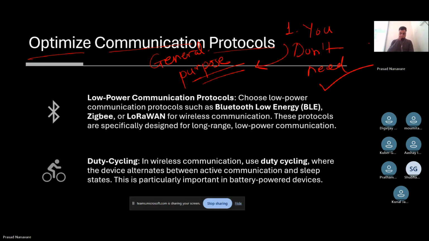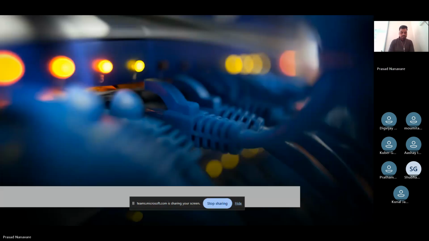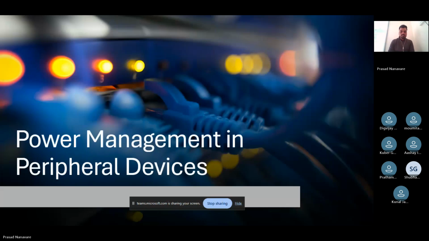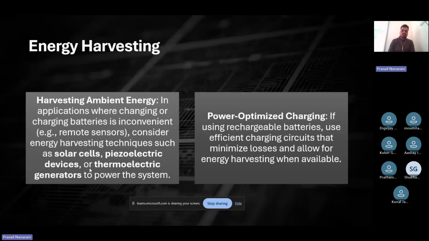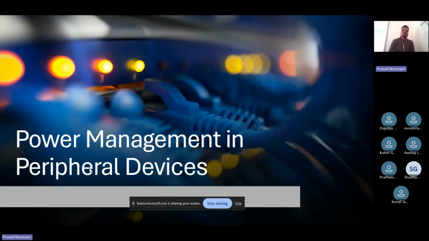And in that also, it specifically states that you should have low power communication protocols. Then duty cycling. Then there are some power management tips available for peripheral devices.